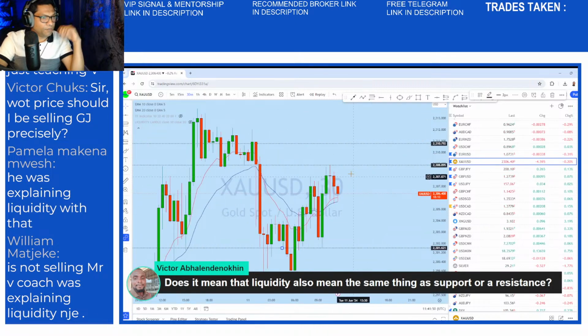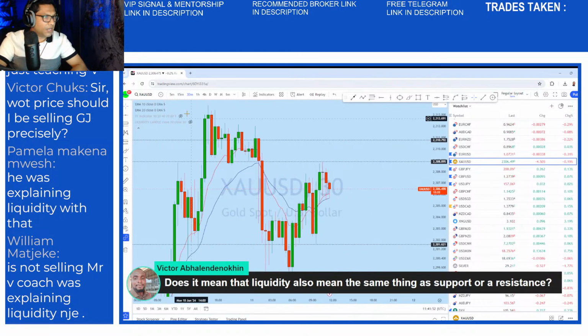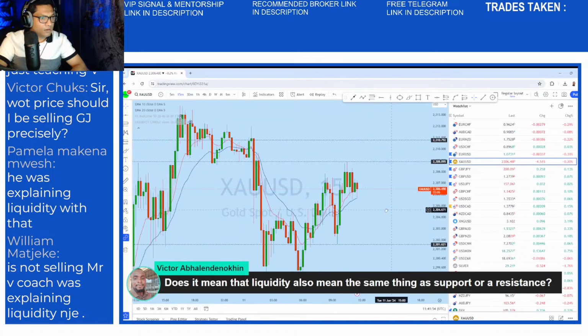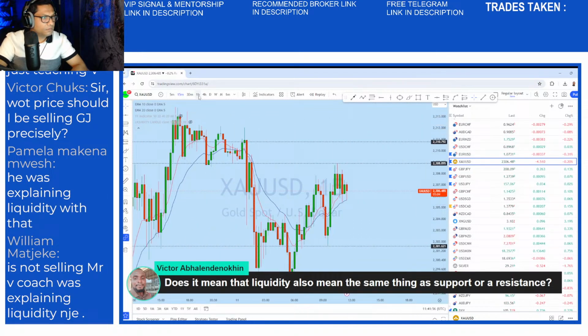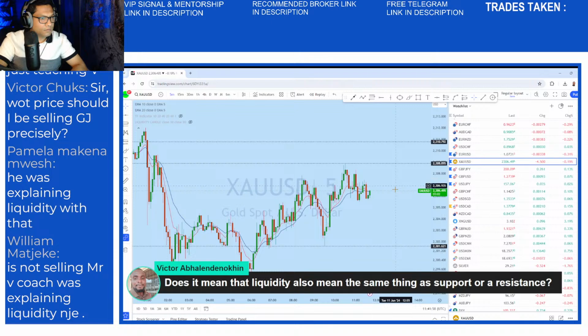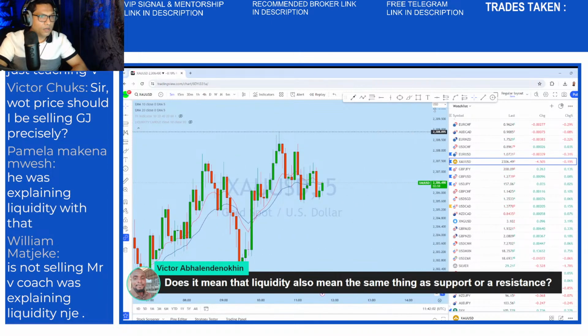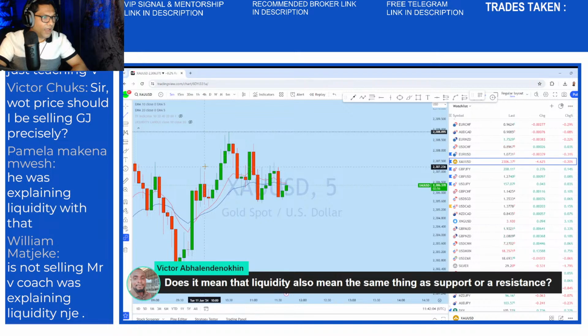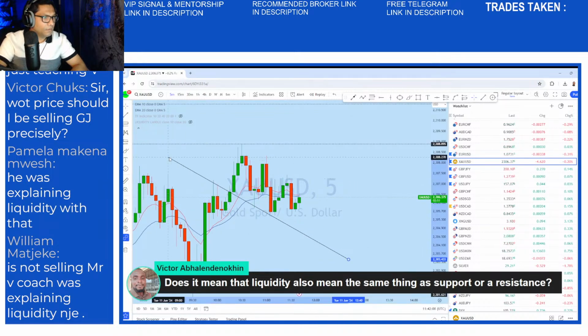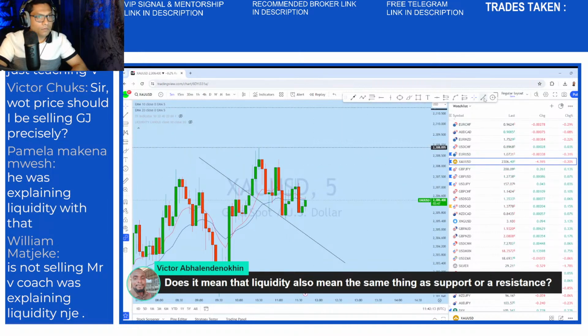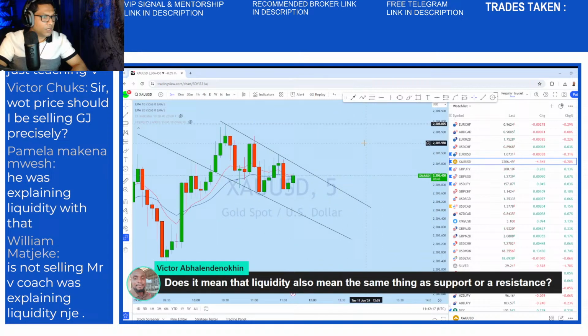So there is a probability for downside. It's a bit in consolidation, guys. You can see this is a kind of bull flag that is forming.